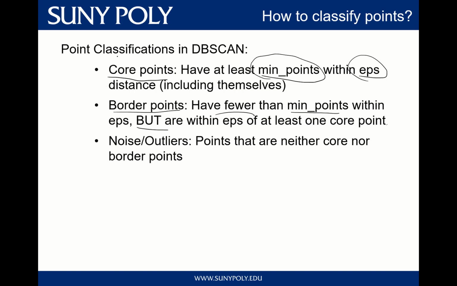So core points and border points are assigned to a cluster. Now, in some cases, there are observations where, when we create the region with the EPS, the minimum number of points is not satisfied and there are no core points in that region. Then these are outliers, it's just noise. So they are not assigned to a cluster.